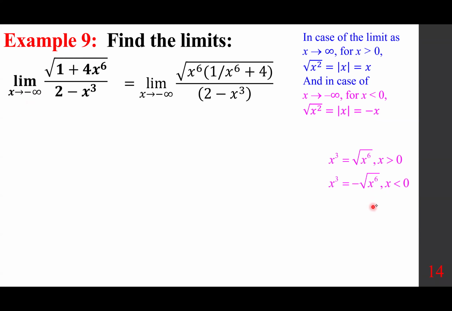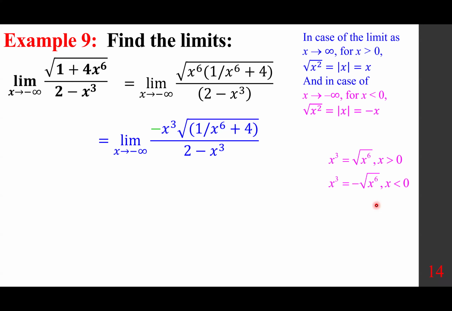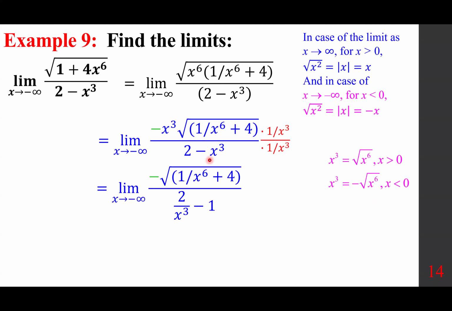So now we can divide the top and the bottom by x cubed or multiply by 1 over x cubed. What happens? This goes away. This becomes 2 over x cubed. This becomes minus 1. Remember, x is approaching infinity or negative infinity makes no difference. This thing goes to 0. This thing goes to 0.